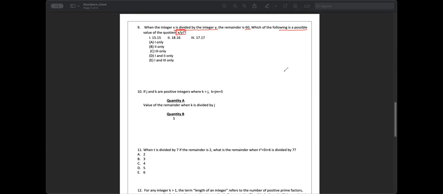Now, x is equal to y into some integer plus the remainder, which is 60. Now you divide everything by y, what do you get? x upon y is equal to integer plus 60 upon y.